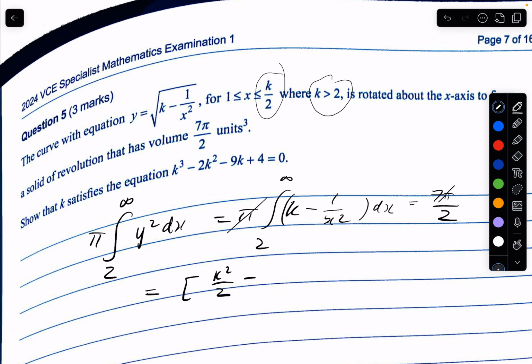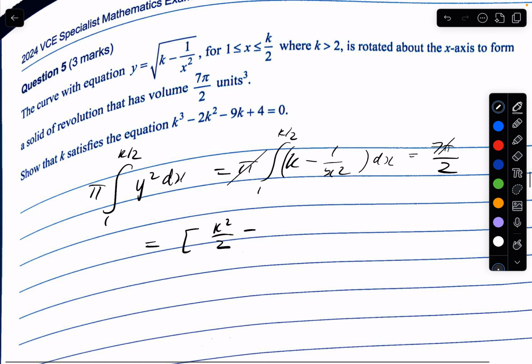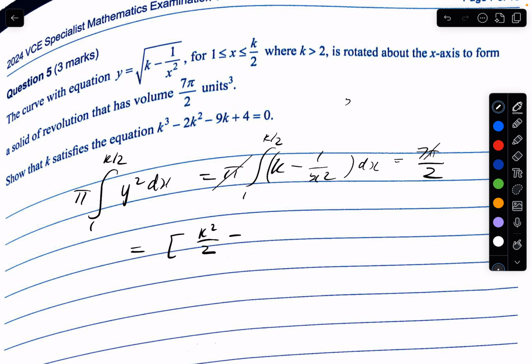Oh, that says k is greater than 2, not k. Whoops. Okay, so 1 to k over 2. All right. So k squared over 2 minus, now this is x to the negative 2, so it will be x, so plus 1 over x. And that's from 1 to k over 2, and that should be equal to 7 over 2.